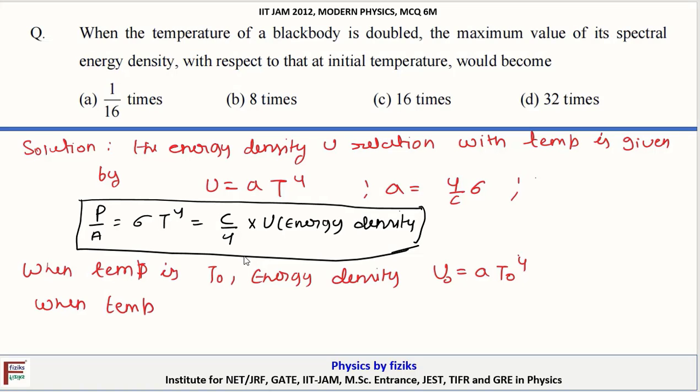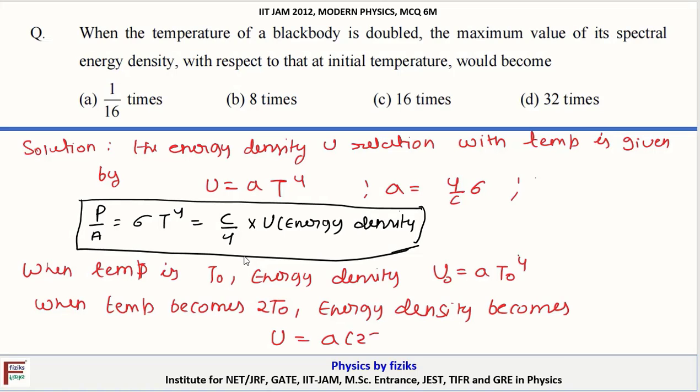Temperature becomes 2 T naught, energy density becomes U is equal to A 2 T naught to the power 4, that is 16 A T naught to the power 4, which is equal to 16 times the initial energy density. Thus, our option C is correct.